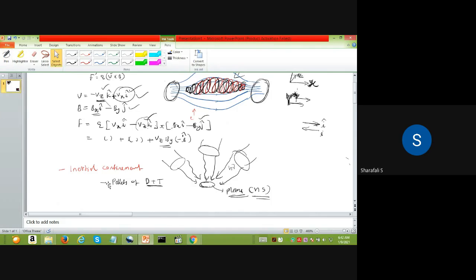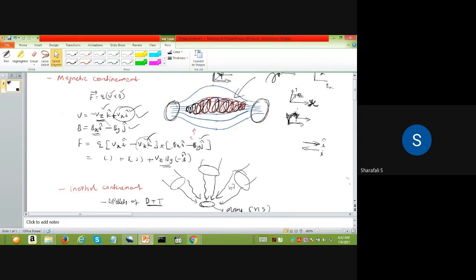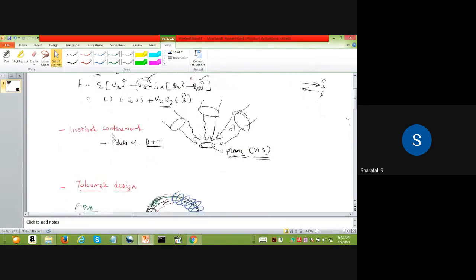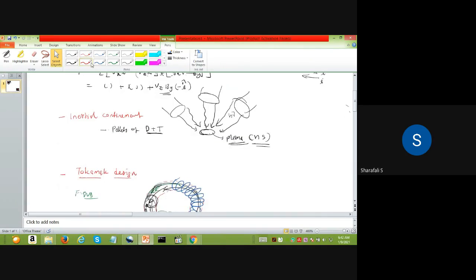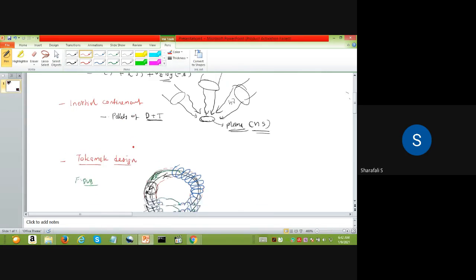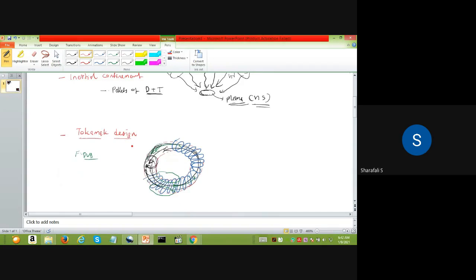And the third one is the tokamak. It is very advanced, and currently the widely used technique is the tokamak design. Research is still ongoing, where we have 2 different kinds of field.